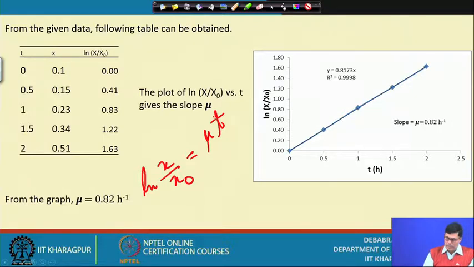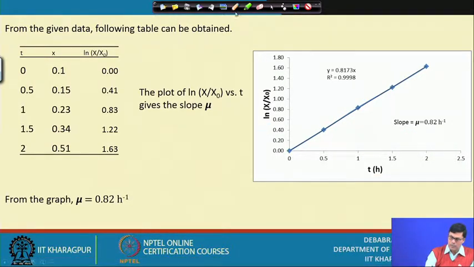Now, here if we assume mu is constant, because in the log phase, we can plot ln x by x0 in the ordinate and t in the abscissa. Then we will get a straight line, and obviously the slope will give you the value of mu. So, you can easily find out the value of mu.